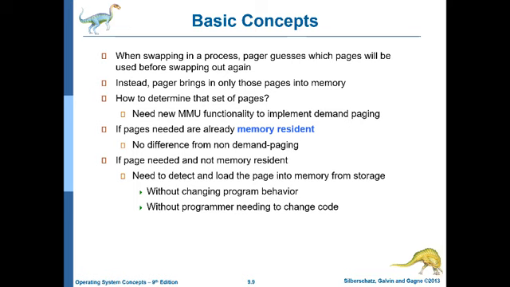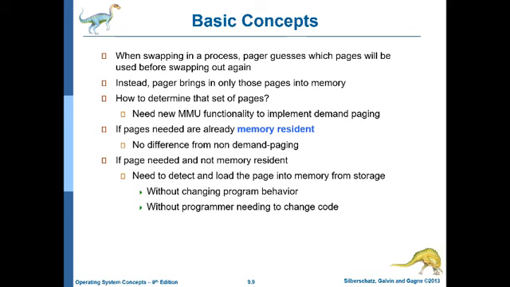So when you swap in a process, the pager may guess which pages will be used before swapping out again, because if you swap them out and you need them again, this will be an additional process.